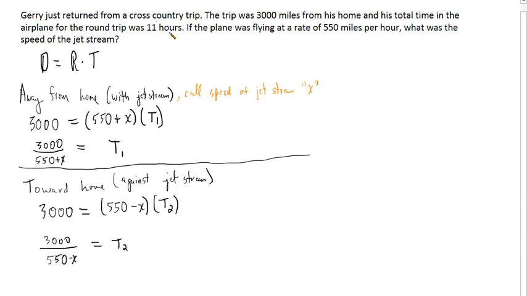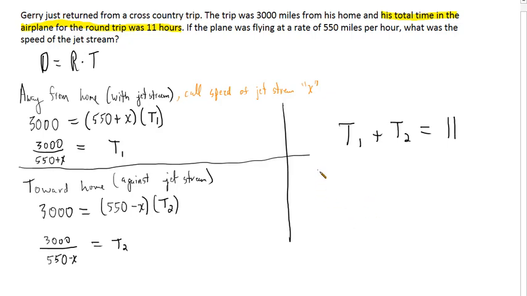But we do know that the total time for the round trip, the total time in the airplane, was 11 hours. So we know that t1 plus t2 must equal 11.